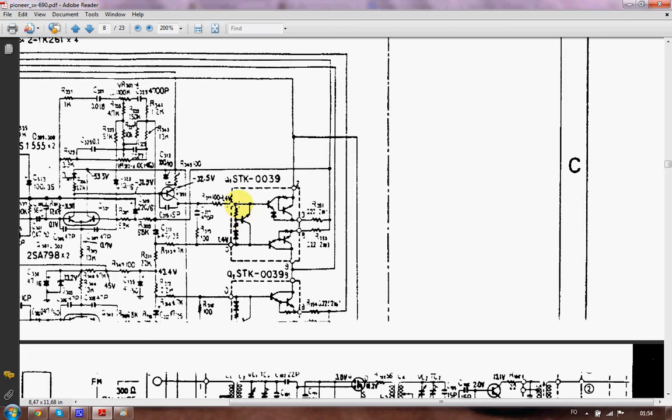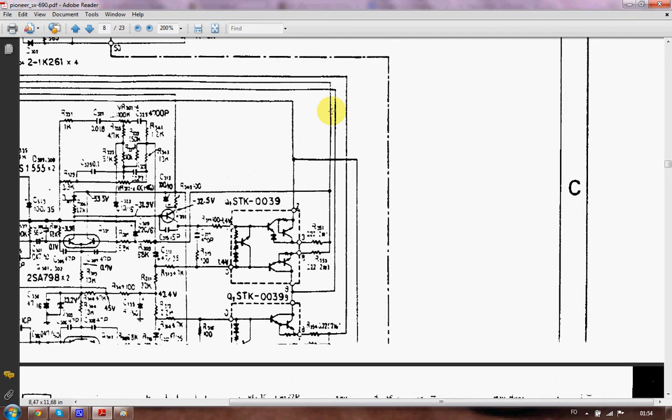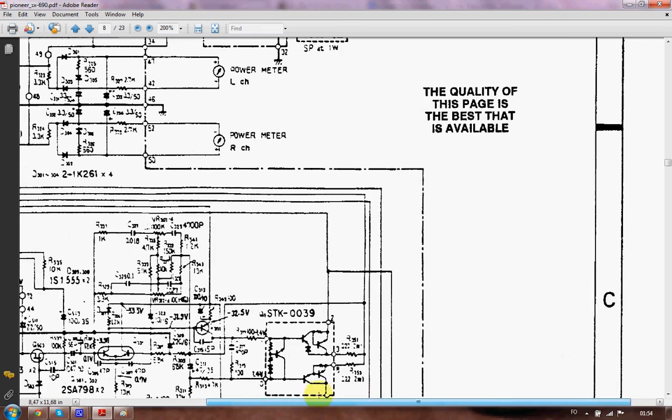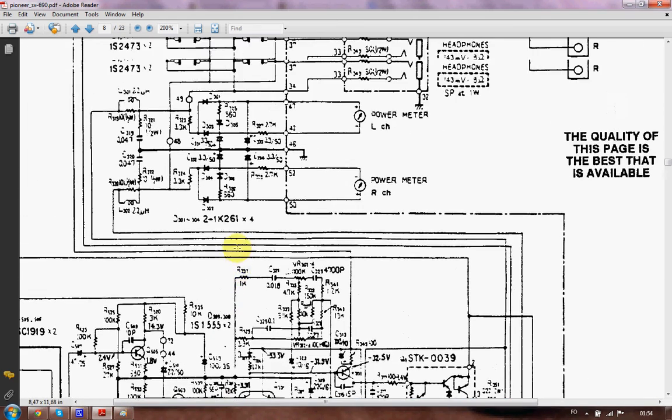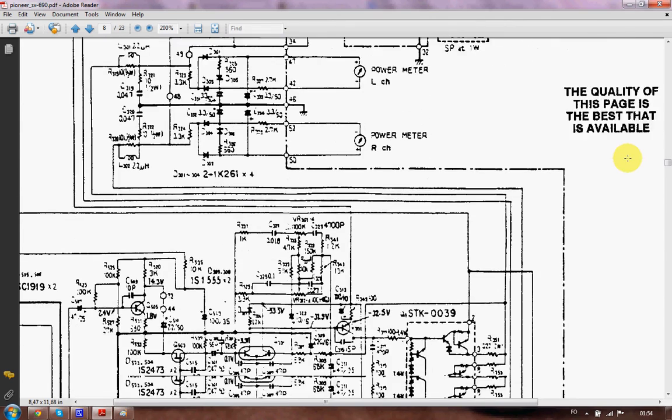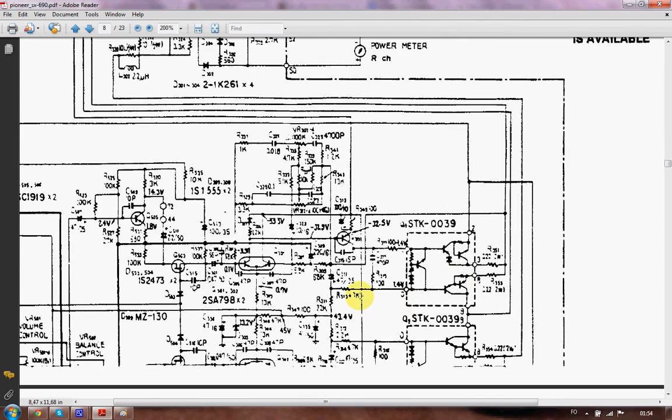Now we can see the terminals here, and we'll know what is output if we follow these wires. We can follow some of these wires, if I go over here, you can try to follow me, and you can indirectly or directly follow them to the output speakers, speaker A and B. And you see where the inputs are.